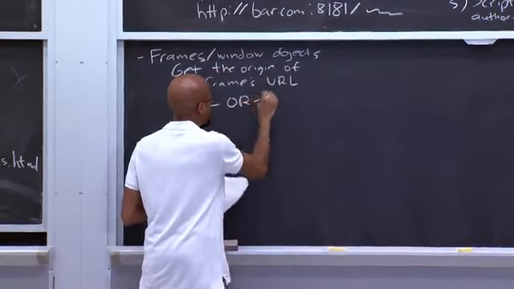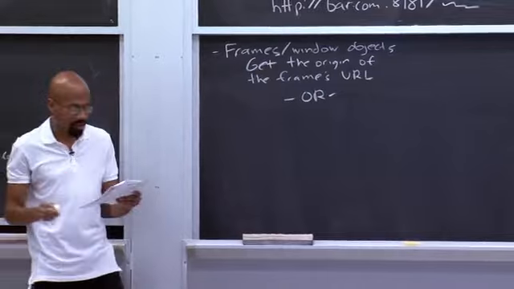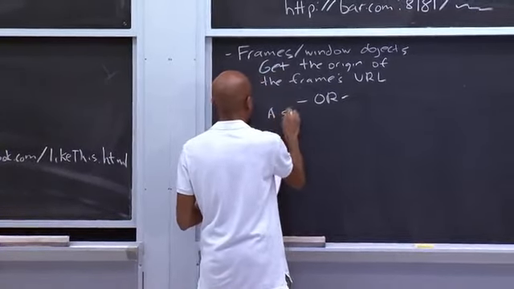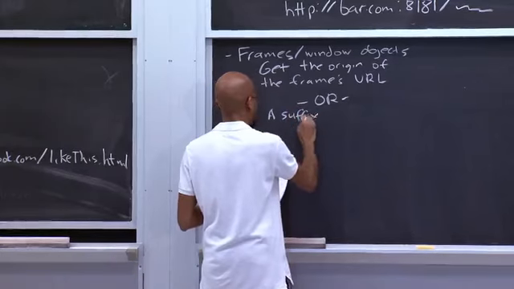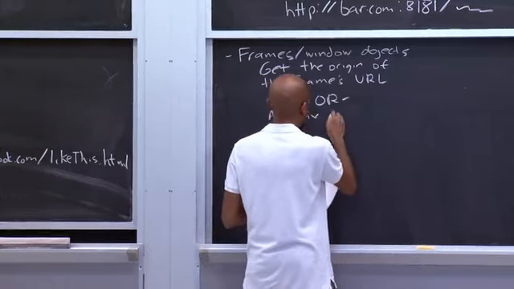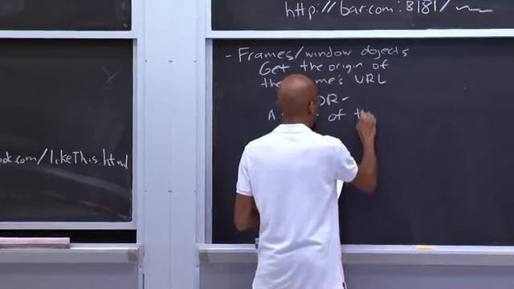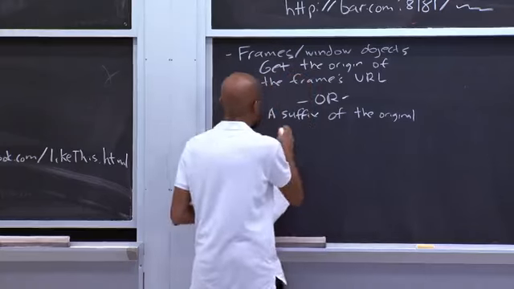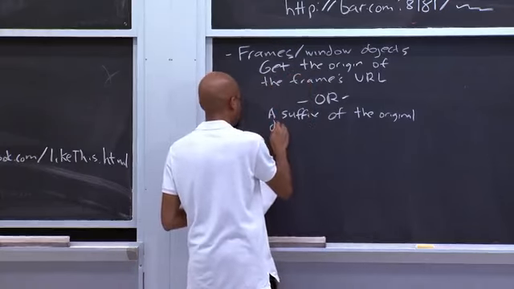Or, right, because there's always an or in web security, they can get a suffix of the original domain name, the original origin.